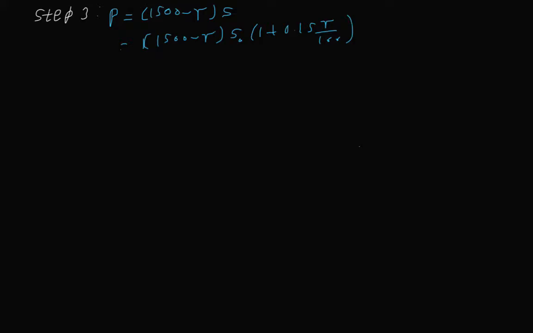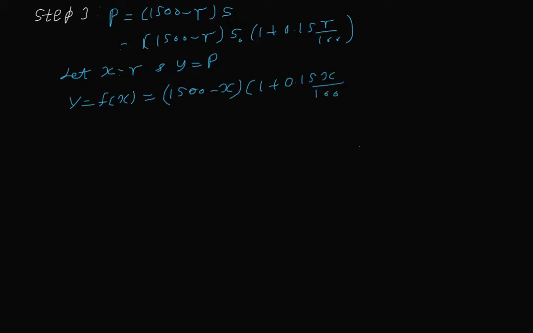Now let x equal R and y equal P. Then we can write the function y equals f of x, equals 1500 minus x times 1 plus 0.15 x over 100 times S naught.